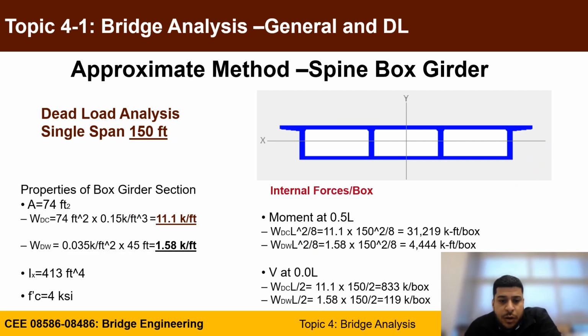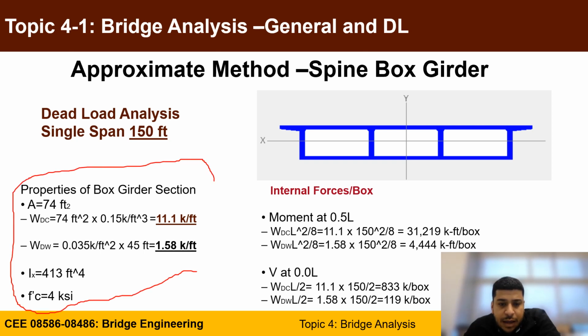So now we know from the left side, this is from the previous slide, that your WDC and WDW are 11.1 and 1.58 kip per foot respectively. What you can now calculate is the maximum moment, which for a simply supported beam will happen at half the span.